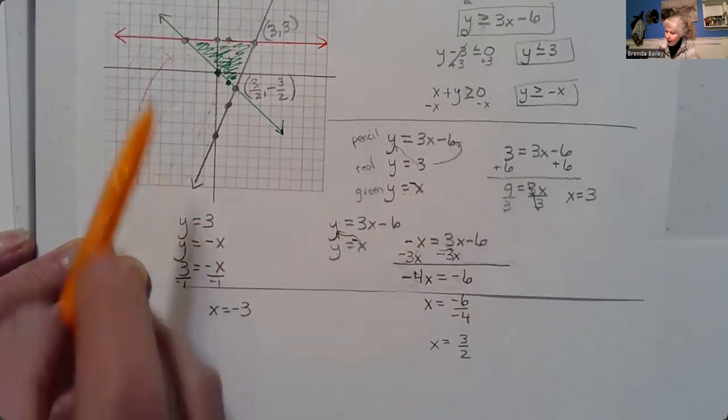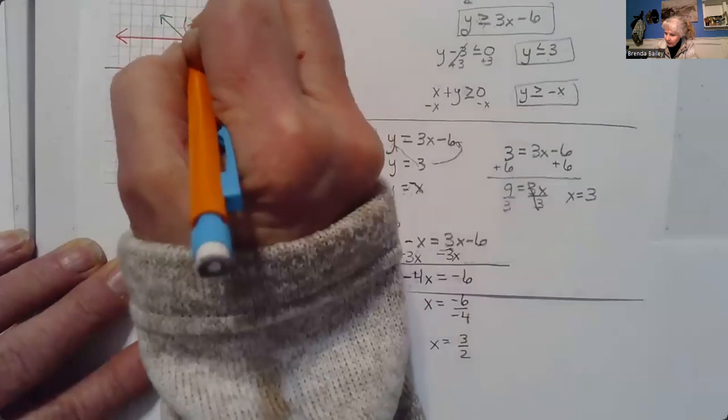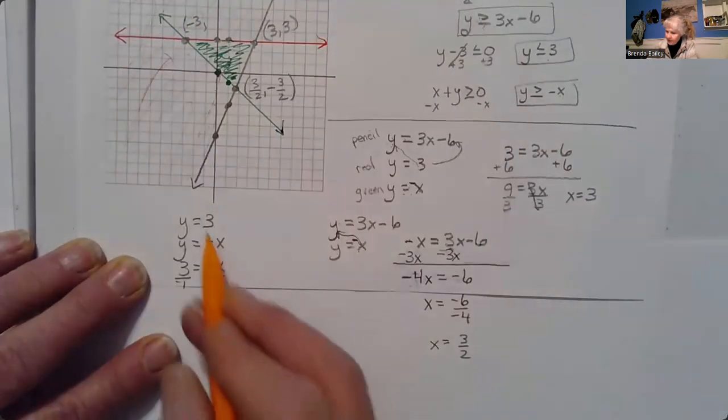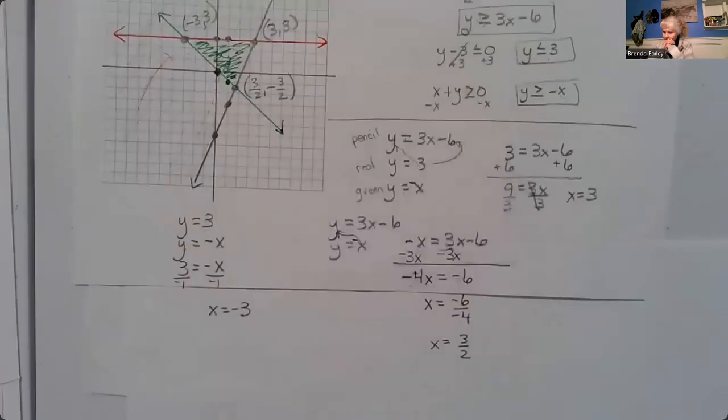So you have the point negative 3, positive 3. Okay. So that's how you find those vertices.